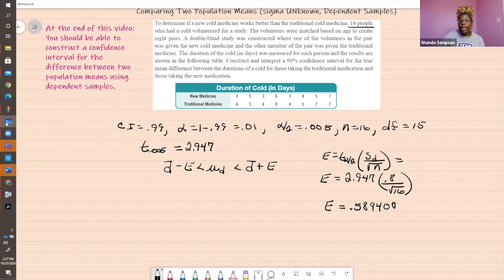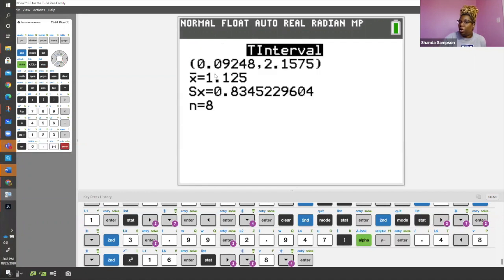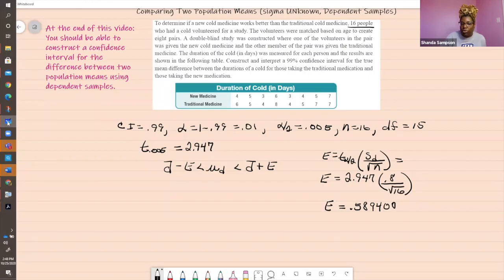Now you need to write what your D bar is. Again, just like we did for the rest of them, if you skip down and just write your answer and I don't have a D bar, you're going to get it marked wrong. Yes, it's in your calculator already. You had it under test. X bar is D bar. The calculator doesn't change letters because you're looking for something different. So X bar is 1.1, or D bar is 1.1.